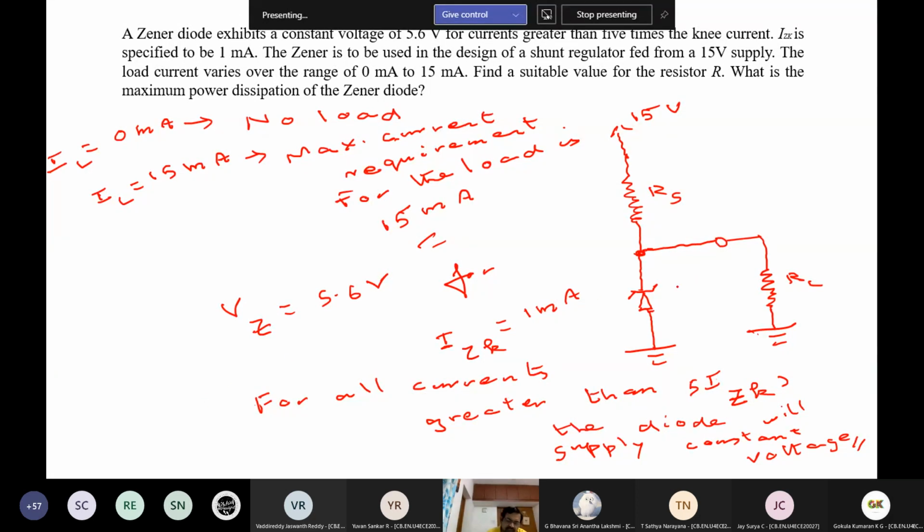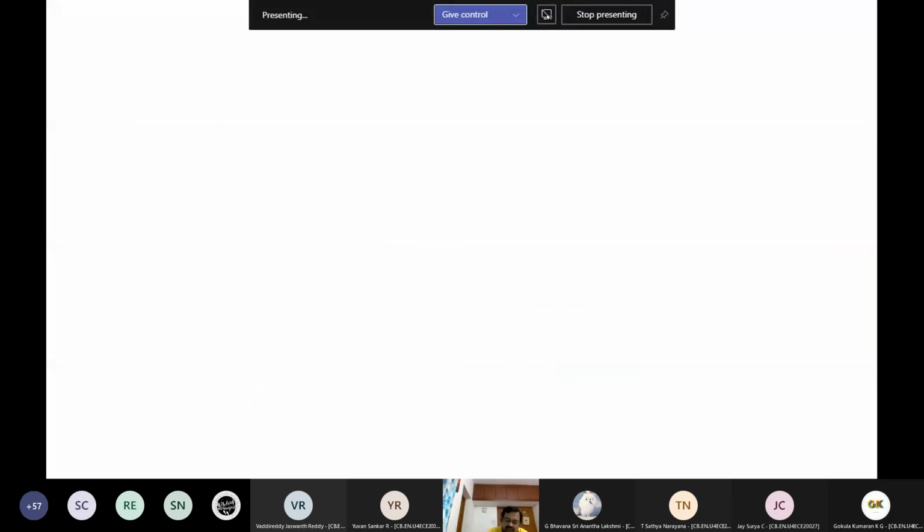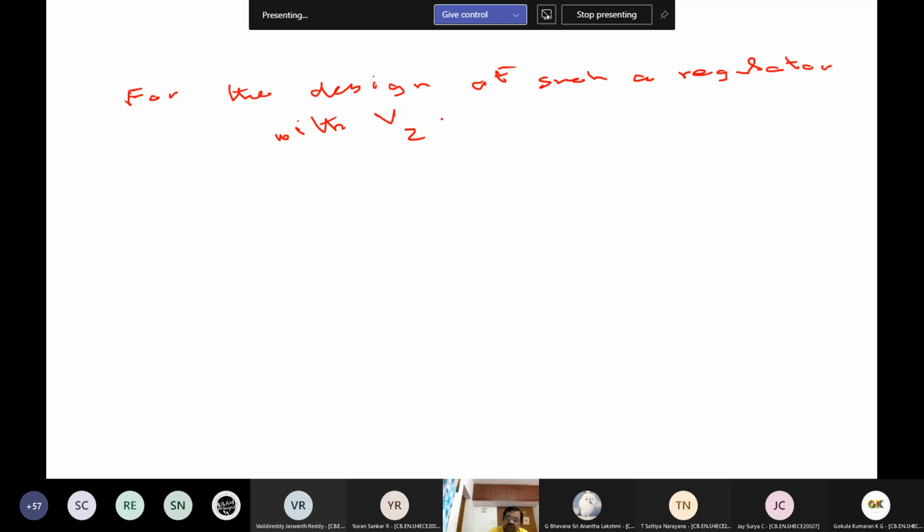The minimum current that must flow for the design of such a regulator with VZ equal to 5.6 volt, I must allow at least 5 milliampere current.